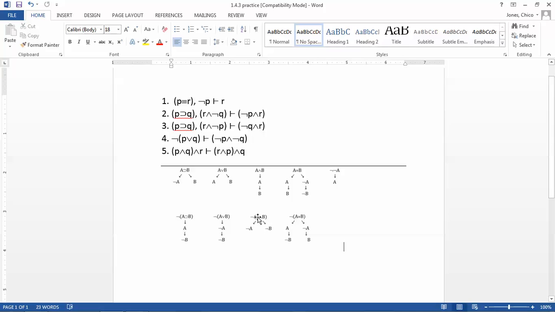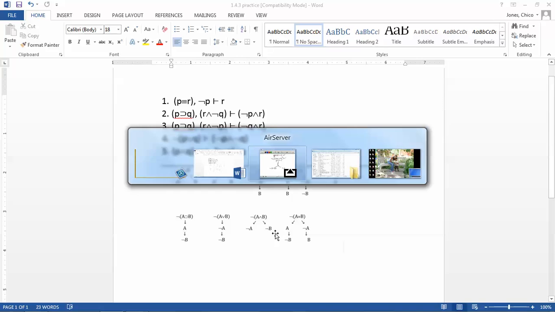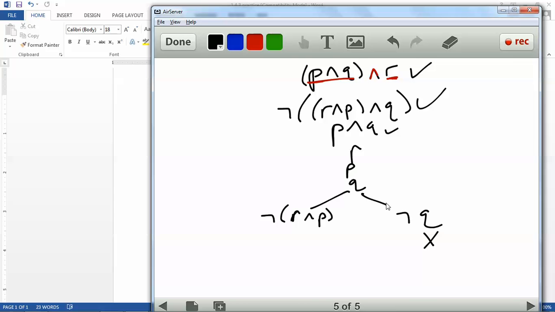Not A and B turns into not A, not B. Not R and P turns into not R, not, oh sorry, not P. I look for not R up here. Oh, there's a contradiction right there. Closed. Not P. There's P right there. Contradiction again. Closed. This is valid.